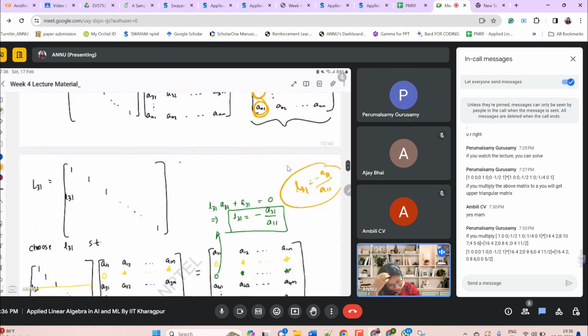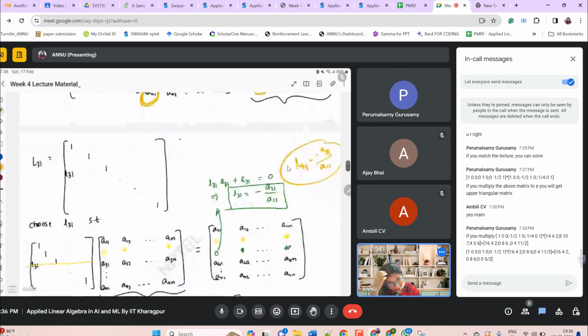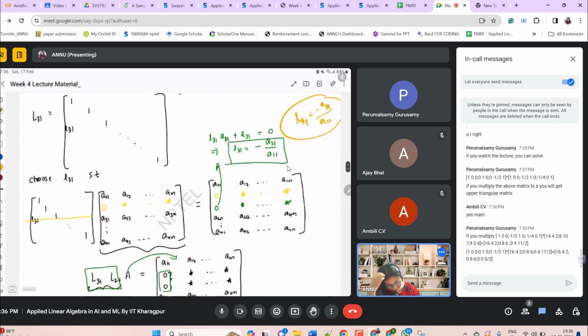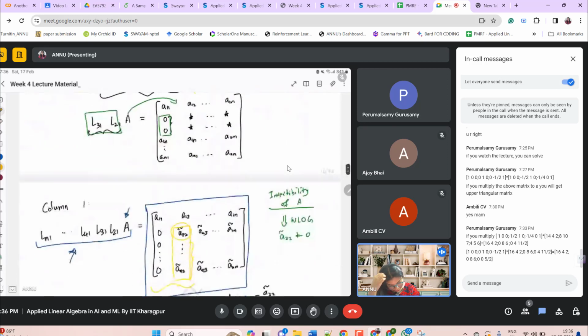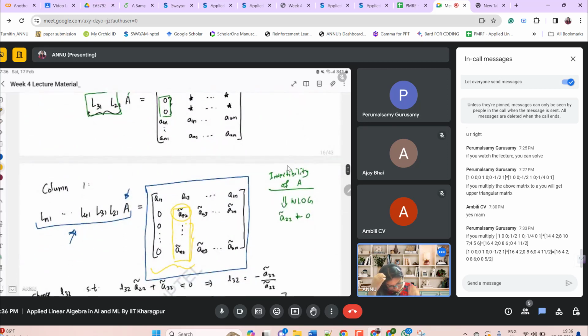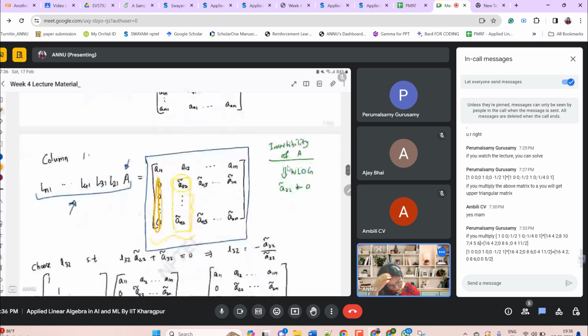Similarly, it will go to LN1. It will start again with L41, up to LN1. All these things will make this 0.